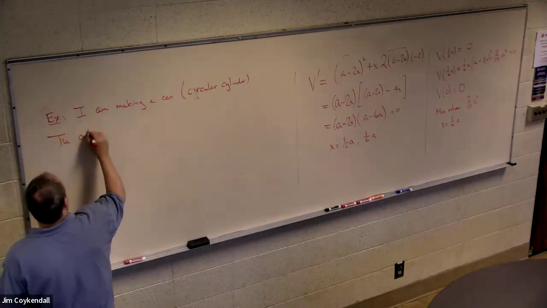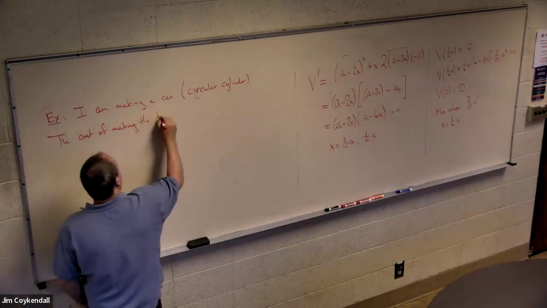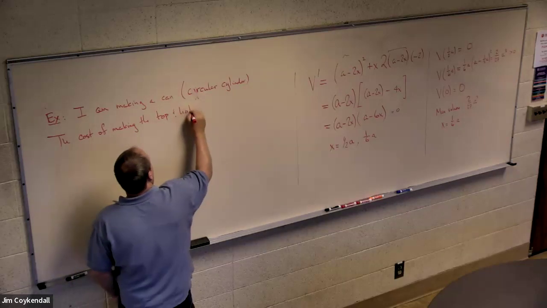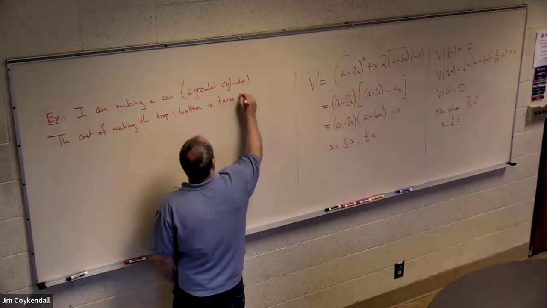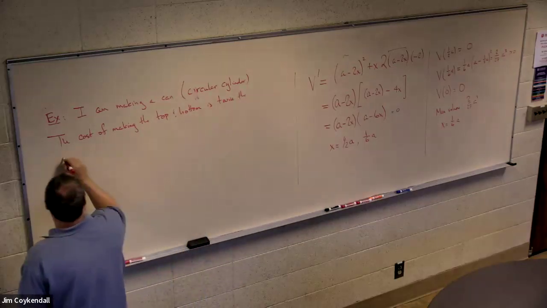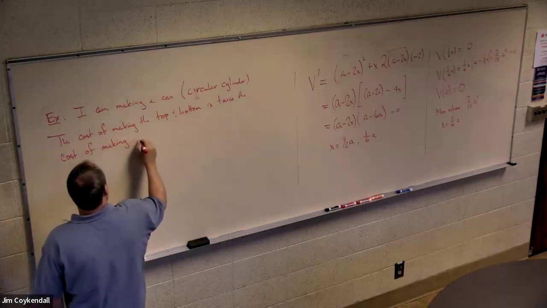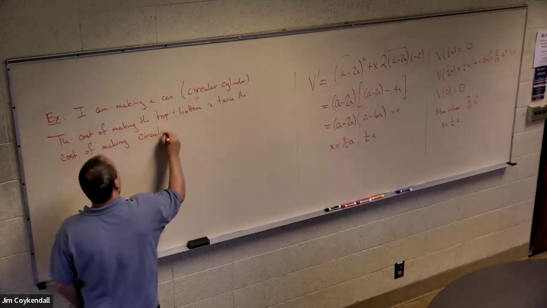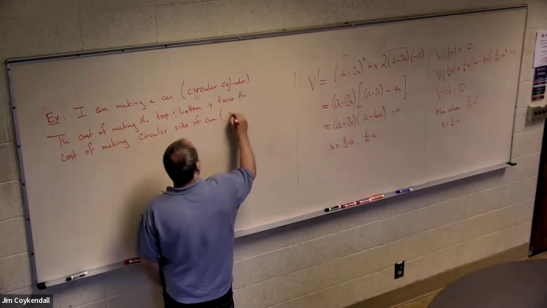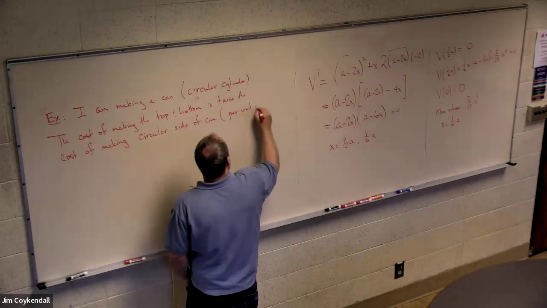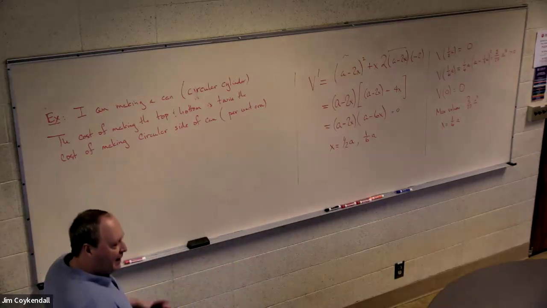The cost of making the top and bottom is twice the cost of making the circular siding. And this cost is per unit. The cost of making the top and bottom is twice per unit area as making the side of the can.